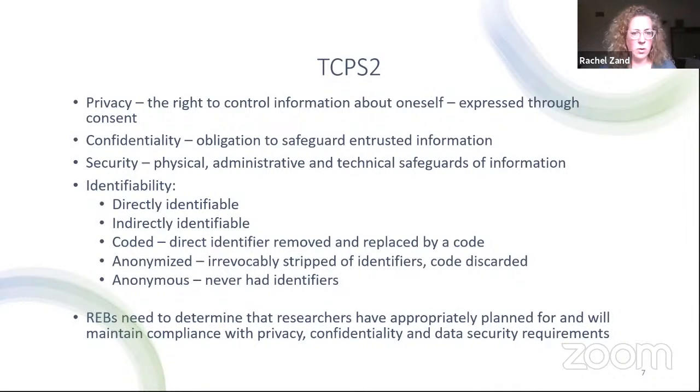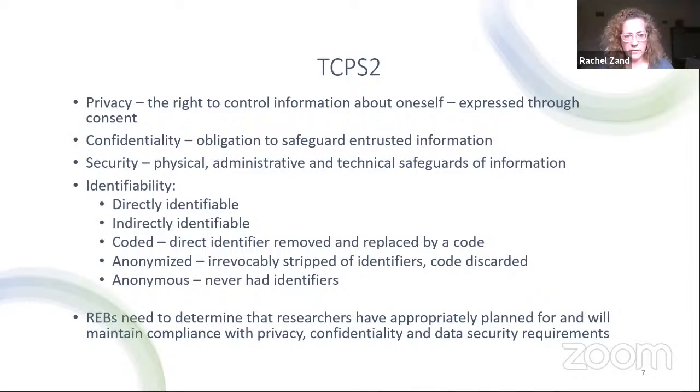But we talk about privacy, the right to control information about oneself, and this is expressed through free and informed consent. Confidentiality, which is the obligation of researchers to safeguard entrusted information. Security, which involves physical, administrative, and technical safeguards for information.